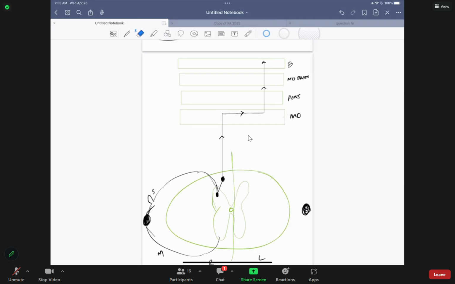Next track, we're going to talk about the spinocerebellar. Let's use a different color. So let's say a complaint comes. The complaint is about balance and equilibrium when the eyes are open. So the complaint is sent here.